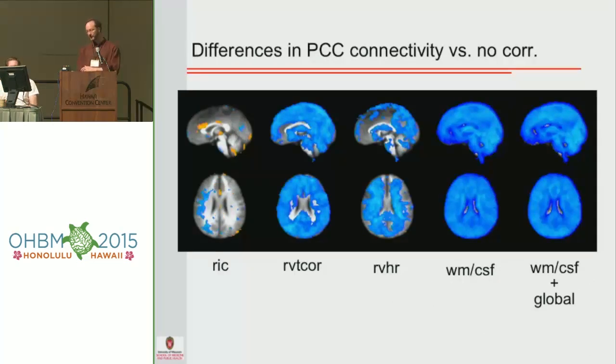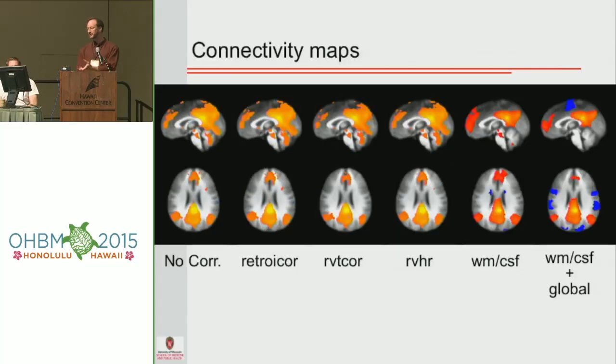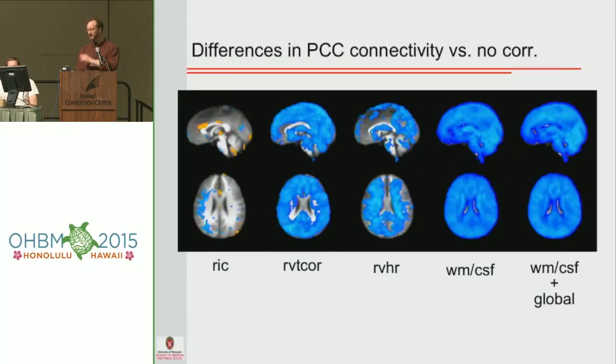The other thing we can do is a t-test to see what the significant differences are relative to no correction. This is not the additional variance explained. This is the difference in the connectivity maps, looking at how the connectivity map has actually changed.